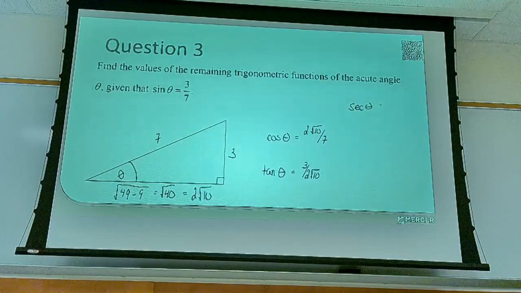Secant? What's cotangent? 2 square root 10 over 3.